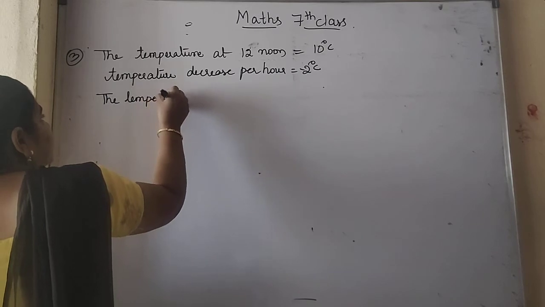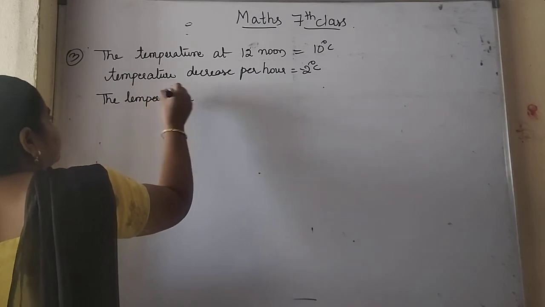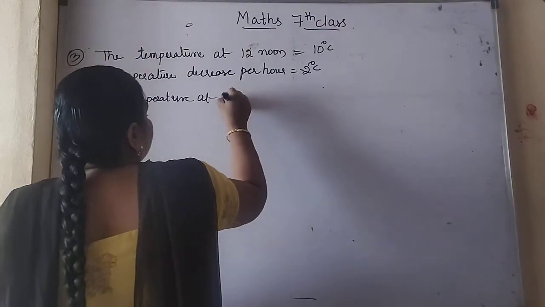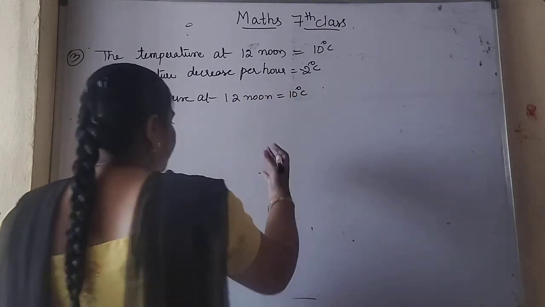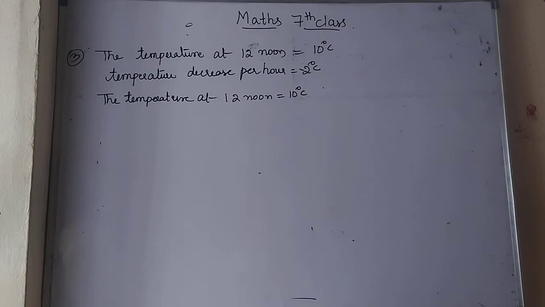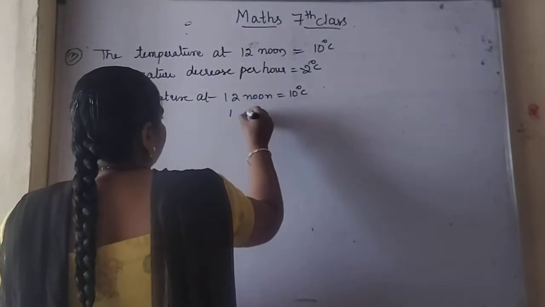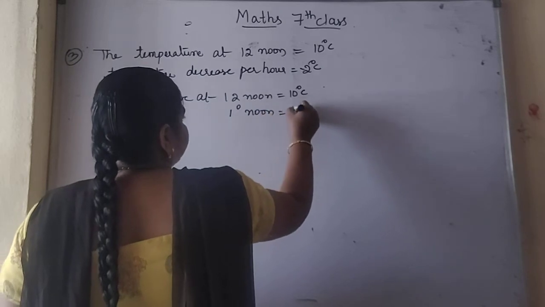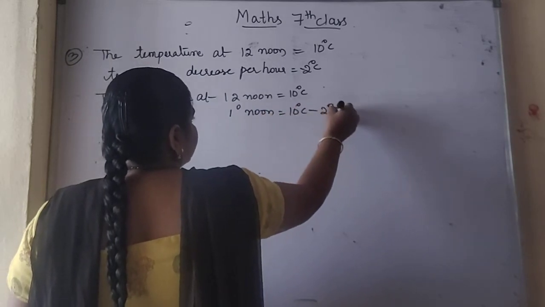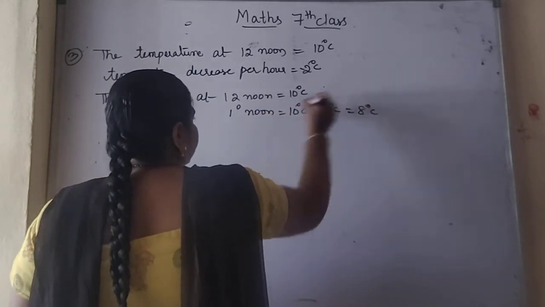First, what they gave: the present temperature at 12 noon is 10 degrees Celsius. Per every hour it is decreased by 2 degrees. So at 1 o'clock it will be 10 degrees Celsius minus 2 degrees Celsius, which equals 8 degrees.